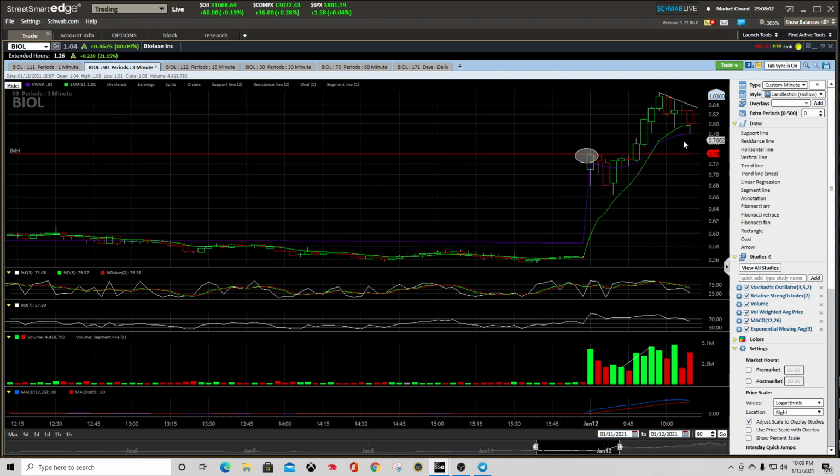But before I entered this trade, I had already identified where my support was. My support is going to be at 0.74. Therefore, I'm going to put my stop below the initial morning high, below the support area. So I'm going to put my stop about 0.70. And you can also see a little pivot low right here on this candle and this candle.